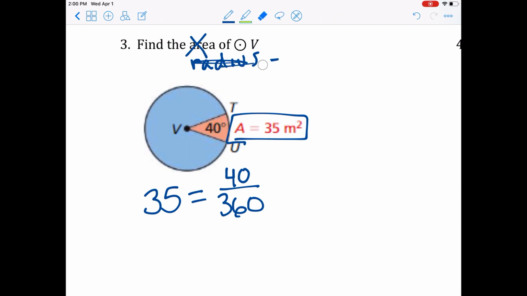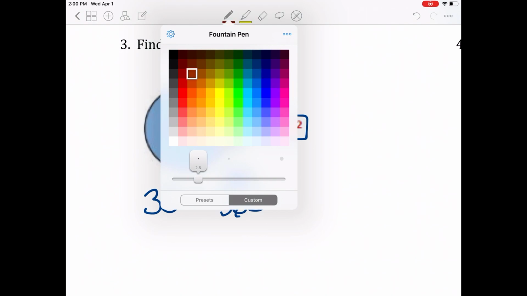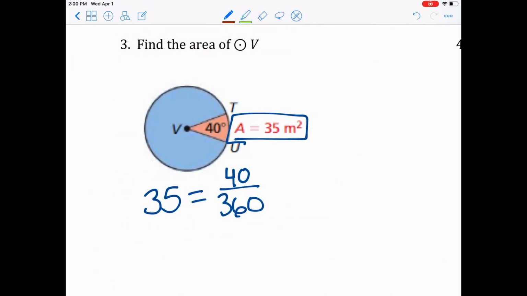It says find the area V, and I will get back to that in a second with you. Caught my mistake. So, sorry, let's go back. We have 35 as the area, so that goes right there. We have the angle measurement of 40 over 360. And then we have pi r squared. We have to find the radius in order to find the area of the entire circle. So that's what I wanted to clarify.